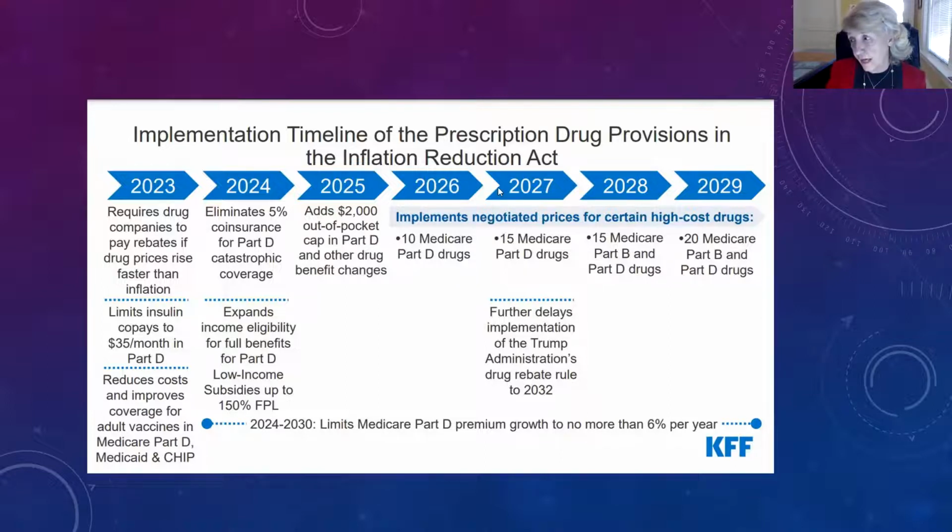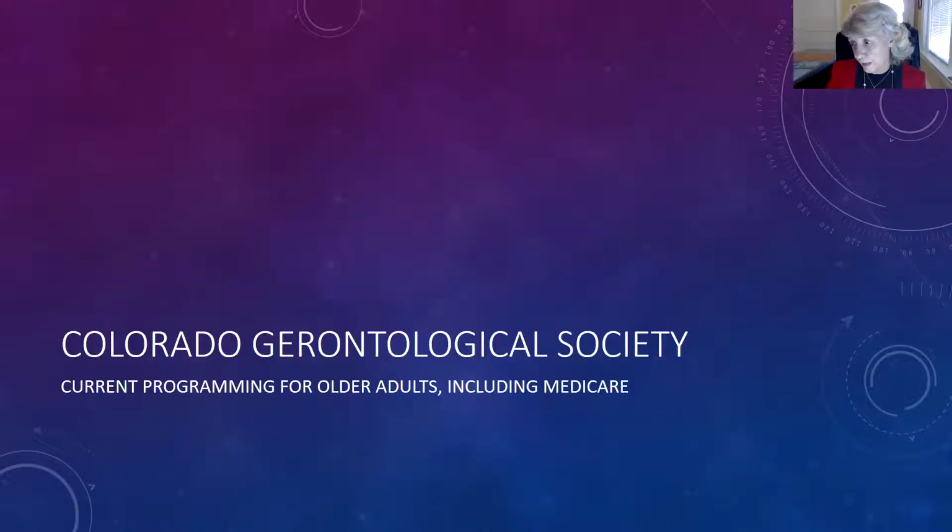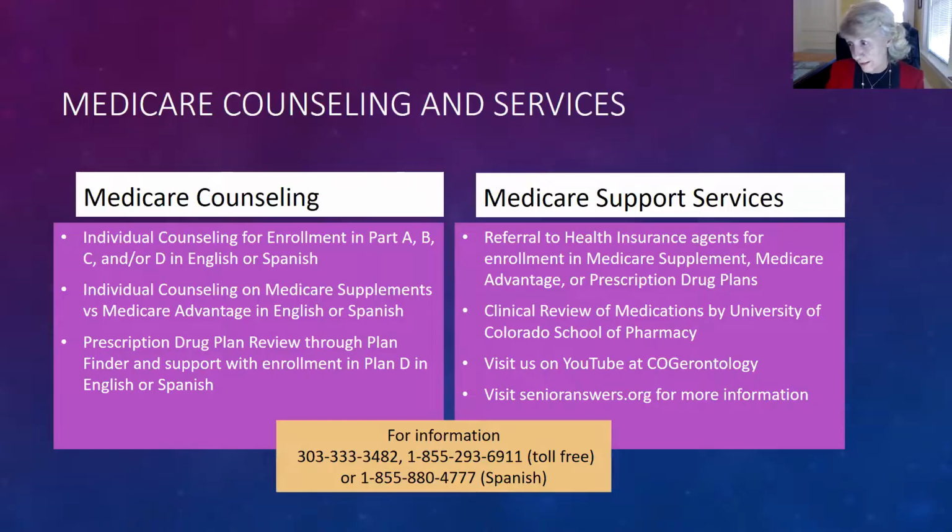There's also been a lot of talk in the media, especially on the campaign trails, about Medicare being able to negotiate with pharmaceutical companies directly. That will take effect in 2026 for 10 drugs and in 2027 for 15 drugs. So it's not a lot of drugs that will actually be negotiated by Medicare.